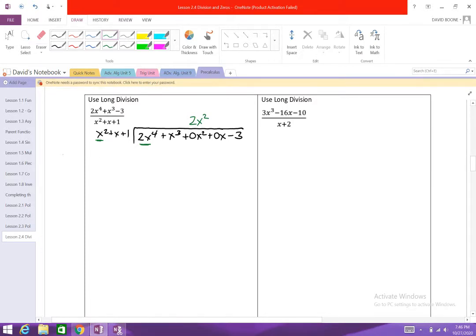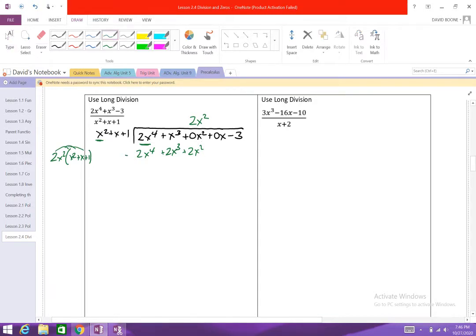So again, we're taking that 2x squared times x squared plus x plus 1 to give me that next row of numbers. If I distribute this, I get 2x to the fourth. 2x squared times x is 2x to the third. And then 2x squared times 1 is just 2x squared. So you can see now that's why we have that placeholder there, so they can line up.